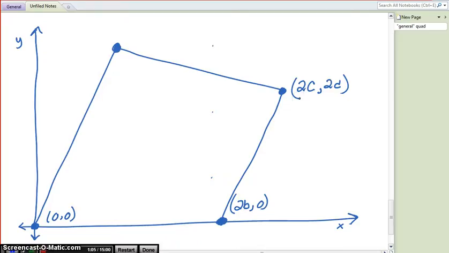So I'm going to call those distances 2c and 2d. I'd like that d to be neater. And again, I have no idea for this fourth coordinate, so I'm just going to call those 2e and 2f.